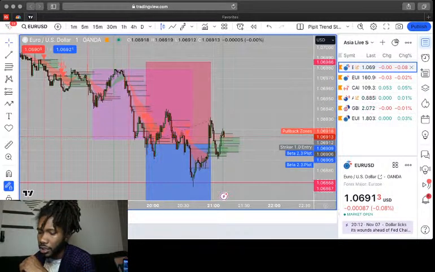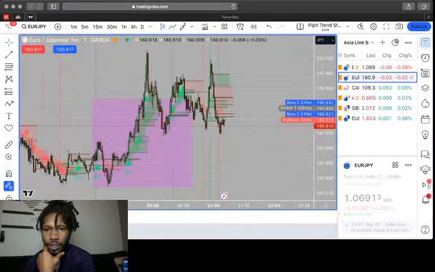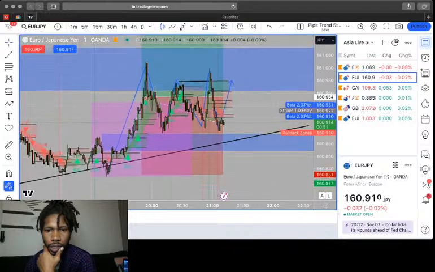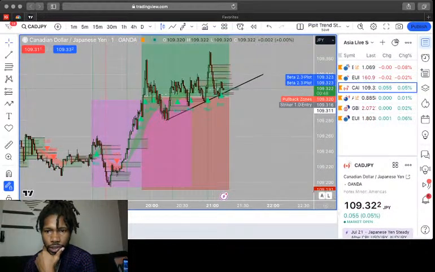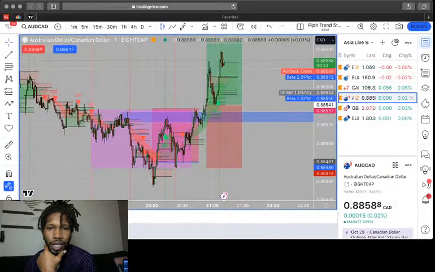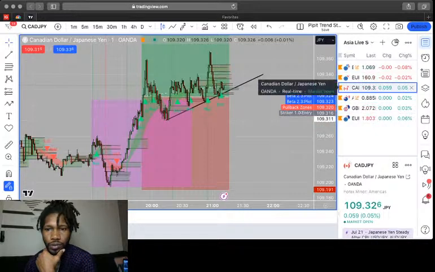So if EU goes up, then maybe EJ turns around. But then the yen pair might be running that to the downside. So if that's the case, because ACAD is moving up, CAD is getting weak. Unless it's the yen that's really weak.